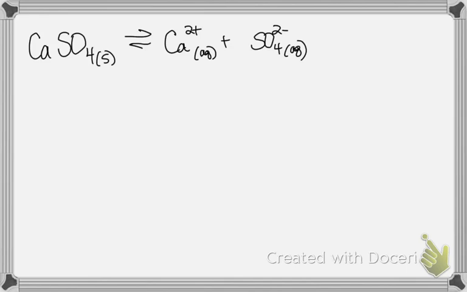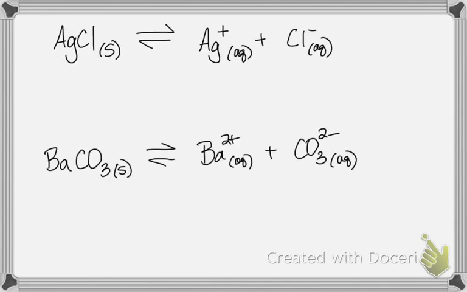Now, because each of these is always written as an equilibrium equation, you can write an equilibrium constant expression for these, which is, you know it, we've been doing it for several chapters now, products over reactants raised to the power of the coefficient. So the equilibrium constant for this looks like, well, the product of the silver ions times the product of the chloride ions.